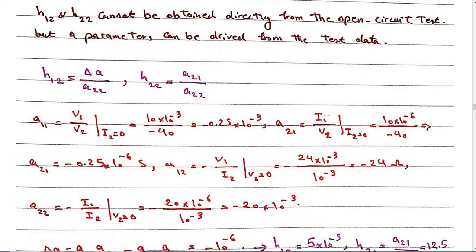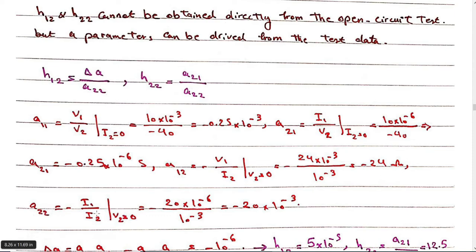Again, A21 is I1 divided by V2 when I2 is 0. Which measurement? The same measurements we used to calculate A11. A12 is negative V1 divided by I2 when V2 is 0. So we have the set of measurements when V2 is 0. Find the values for V1 and I2. So A12 is minus 24 ohm.